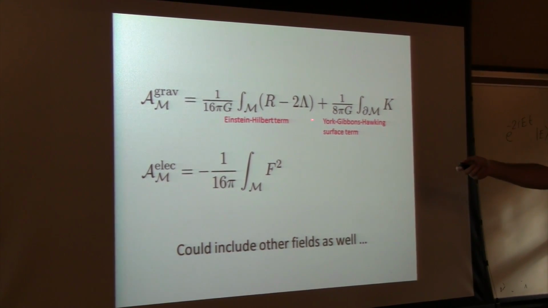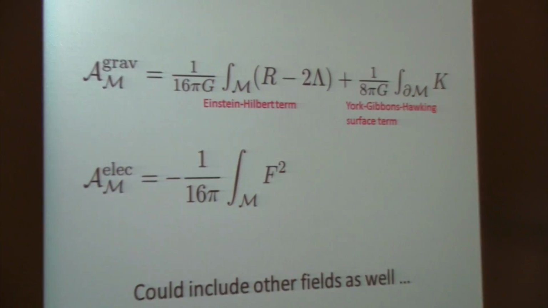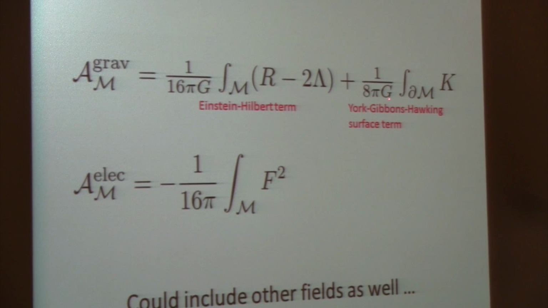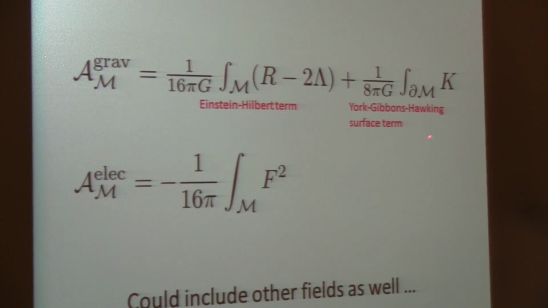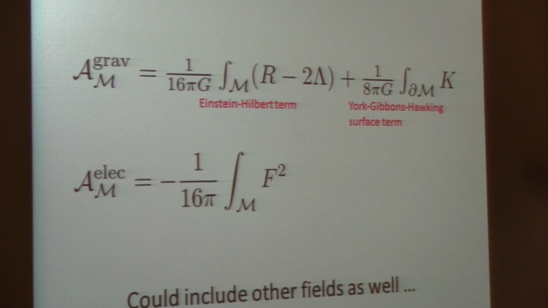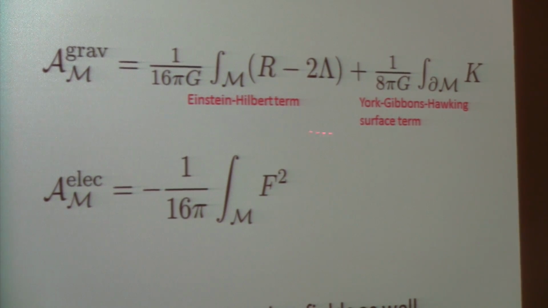Here's the Einstein-Hilbert term. This is the curvature of space-time. That's the cosmological constant. There's Newton's constant. You have, again, Newton's constant here. This is a surface term, which you have to put into the action for it to make sense. And this is the extrinsic curvature on this boundary. So this is like the purely gravitational part.